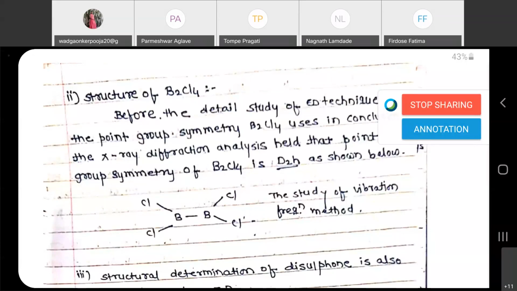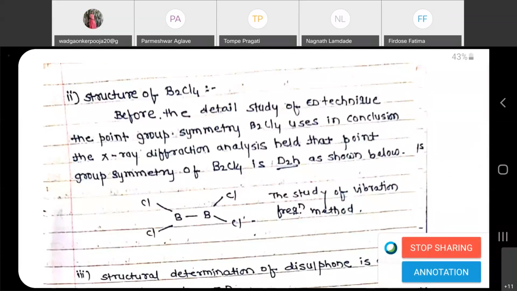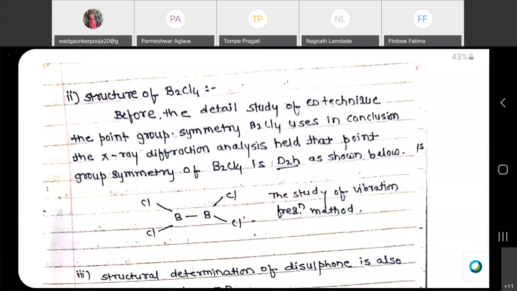And this electron diffraction technique can explain this symmetry to us. Just listen to my words very, very carefully. What are we learning electron diffraction for? Is it important or not? You tell me after some time, because I'm telling you the application.